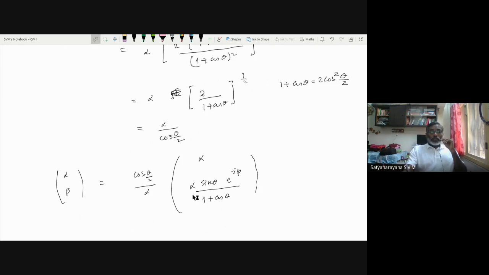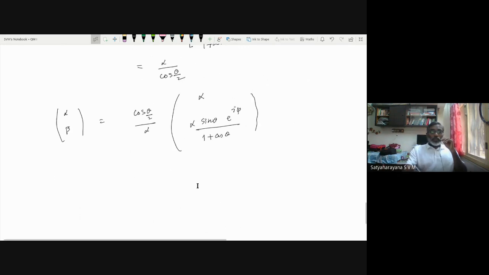Okay, so now the first one will become cos theta by 2. Second one will become cos theta by 2 into the sin theta. I can write it as 2 sin theta by 2 cos theta by 2.